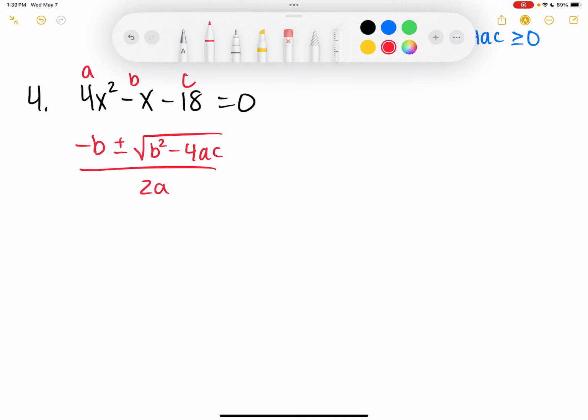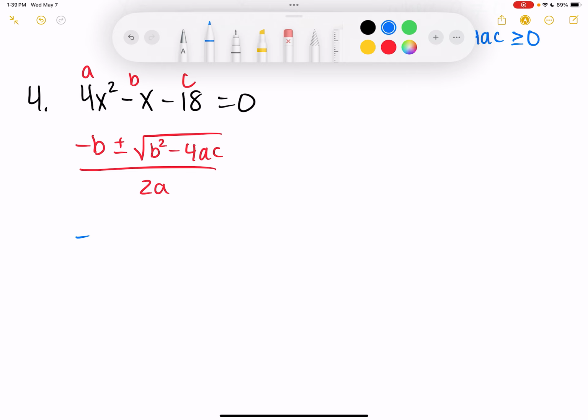Now, signs are very, very important. The b at the beginning of this is negative, but if my b value is negative, it's going to end up being positive. So I'm going to be obnoxious and write all the signs out right now. When you do it, you don't have to, but at least on this first one, I'm going to do it this way. So I've got -b. Well, b is -1.